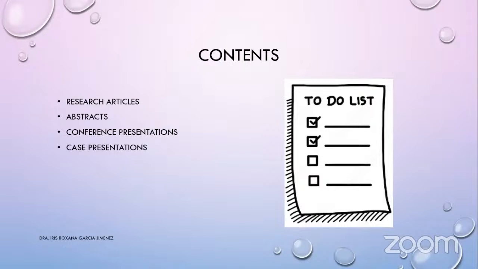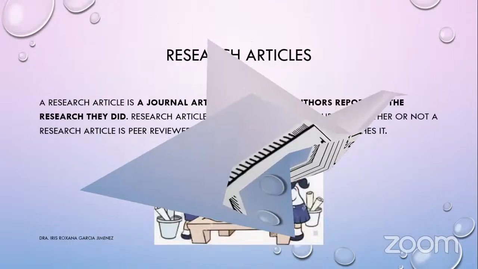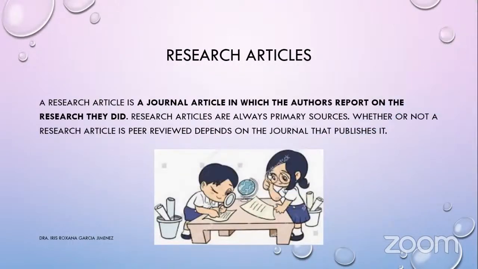Then conference presentations, expressions that can help us to show a conference presentation successfully. And case presentations, how to show the information from a patient to doctors, maybe colleagues, superiors. But a general view of this, taking into account when it's formal and when it's informal. Formal and informal. Okay, let's go.